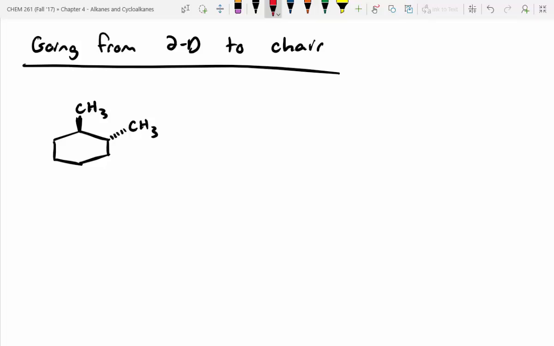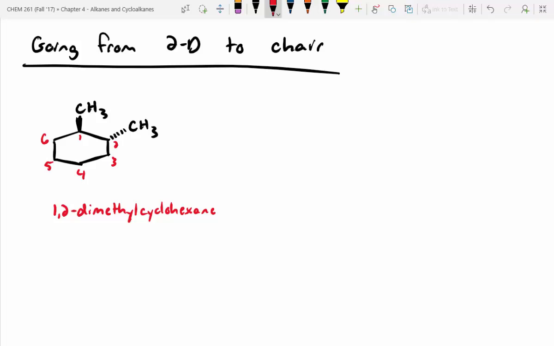Then we want to number it. So I'll just go around this way. So this would be 1,2-dimethylcyclohexane. And then there's one last thing we need to consider, right? I could have drawn that methyl group off of carbon 2 as a wedge. I drew it as a dash.